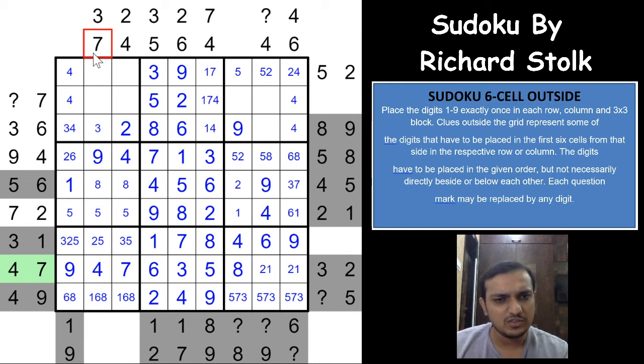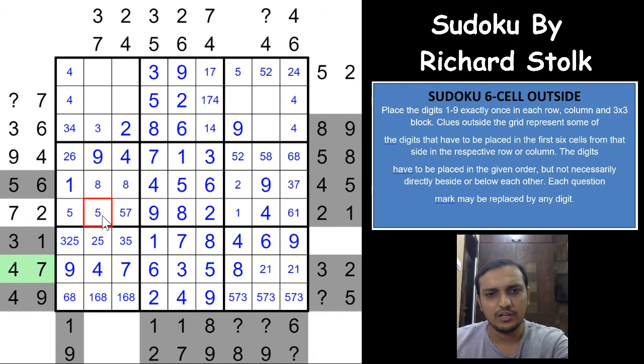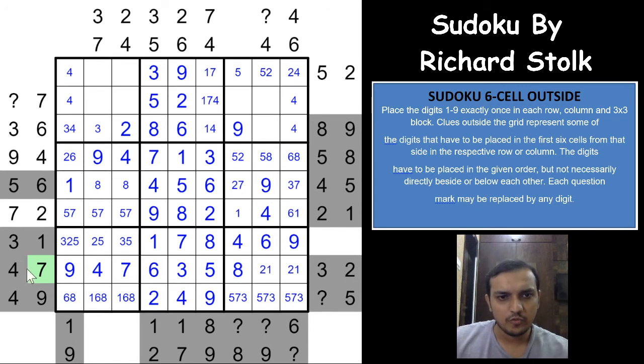We might be missing something here. Okay, so before the 2 you need to have a 7, so 7 would have to be in one of these three cells, right? Which means that 7 would have to be in one of these two cells. 1 9 and 4, 4 is done, 7 is done, 9 4 is done.